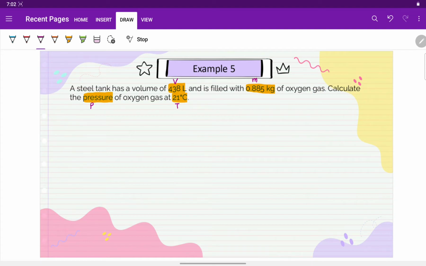Apa beza example 5 dengan the 4 example that we did just now? 4 example yang sebelum ni, apa yang awak akan nampak adalah kita akan ada 2 set condition. Maksudnya ada initial, ada final. But for this one, we only have one set of information. Kita cuma ada satu volume, satu mass, satu pressure dan satu temperature. So mass dekat sini awak kena nampak, nanti kita akan gunakan untuk cari number of mole.